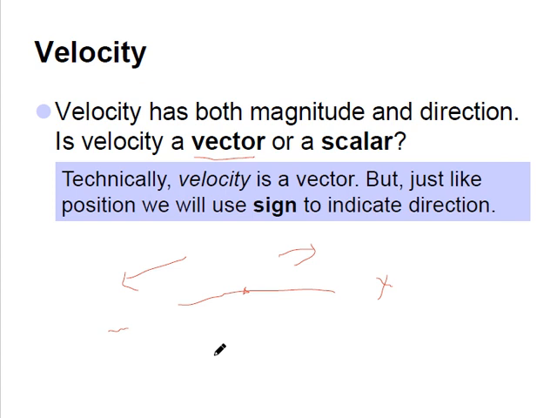So positive velocity means the particle is moving in this direction for this example, and a negative velocity means it's going in the opposite direction of that positive direction, okay. So this makes it easier to track the motion without worrying about arrows for now.